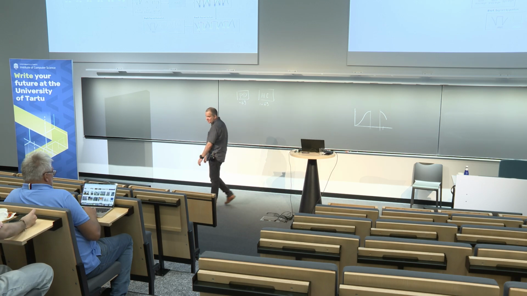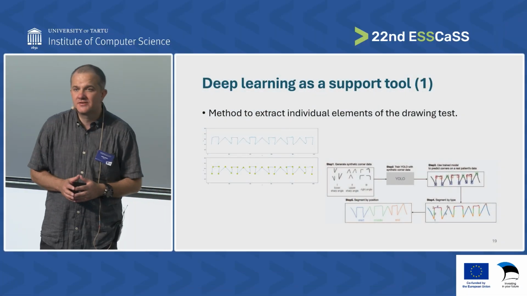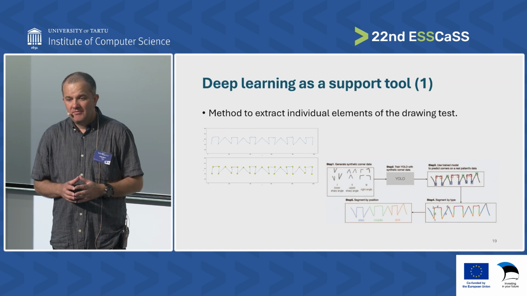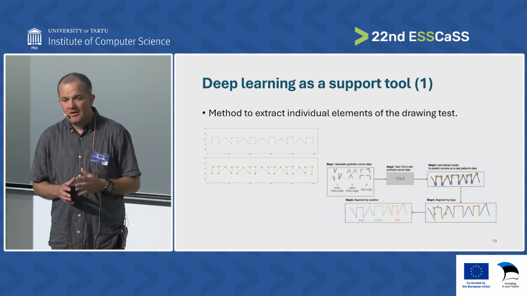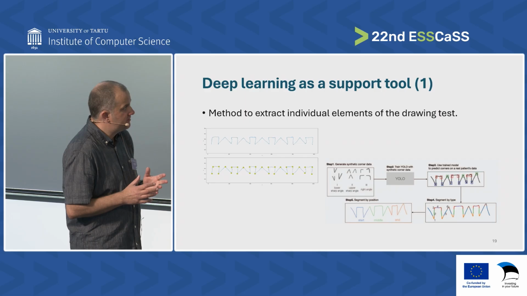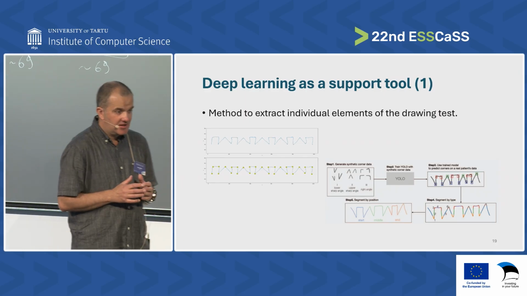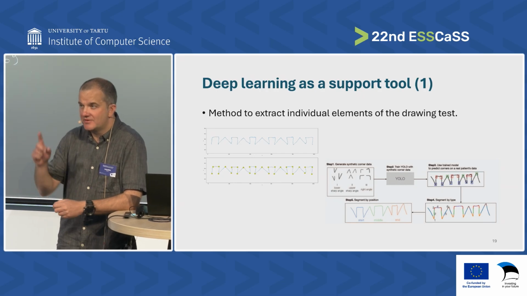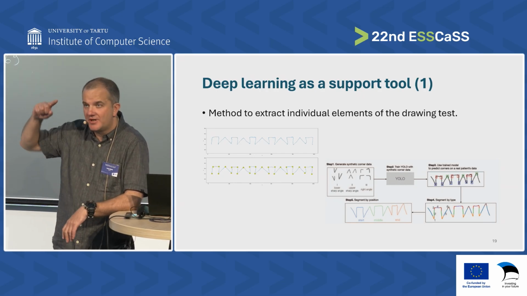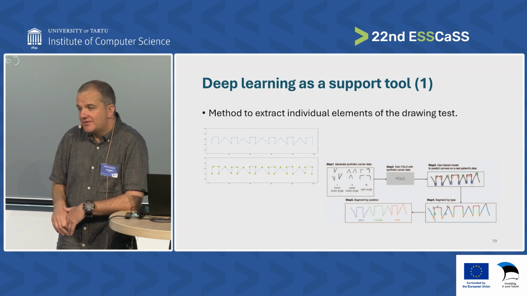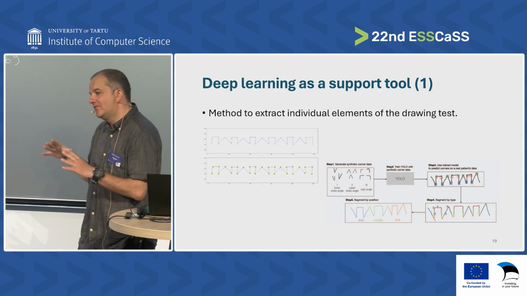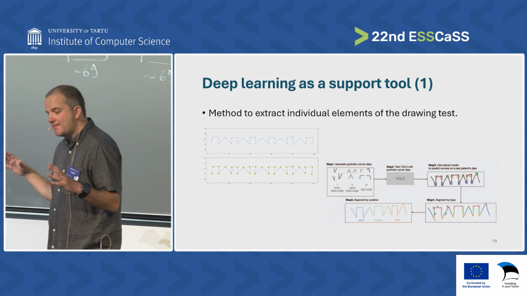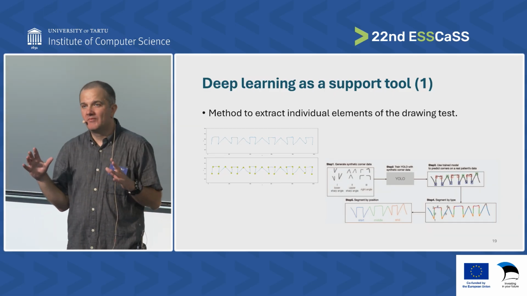Another small success which we achieved, we used deep learning tools, and we are using them quite a lot, in order to extract individual elements of a drawing test. For example, for this Luria alternating series test, it is important to find out different elements of the drawing. For example, is it a vertical stroke, horizontal stroke, diagonal stroke? What we observed is that actually some parts of the drawing are more informative than the others.